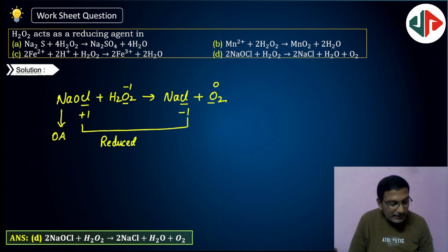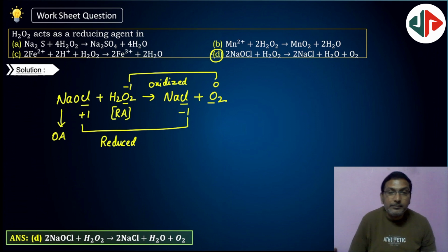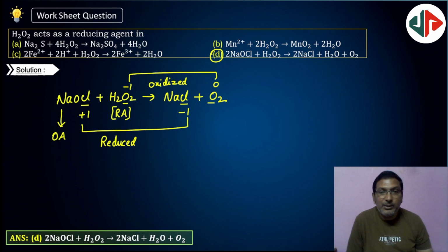Here O state 0. So which is oxidized. H2O2 is oxidized. Therefore, it acts as reducing agent simply. So option D. NaOCl is reduced, therefore oxidizing agent. H2O2 is oxidized, therefore reducing agent.